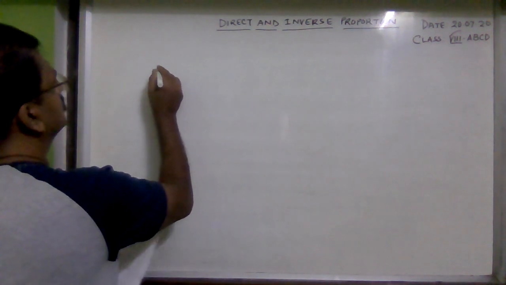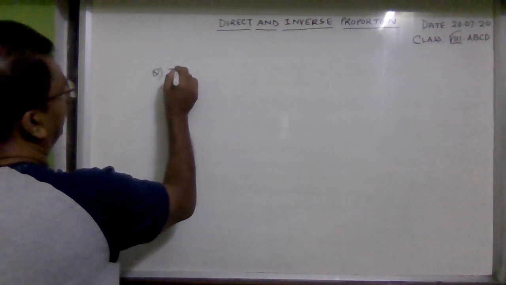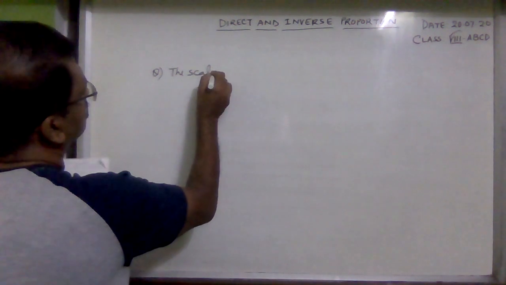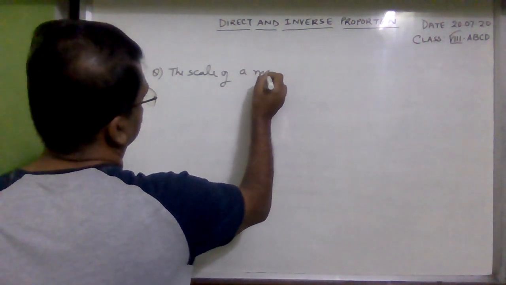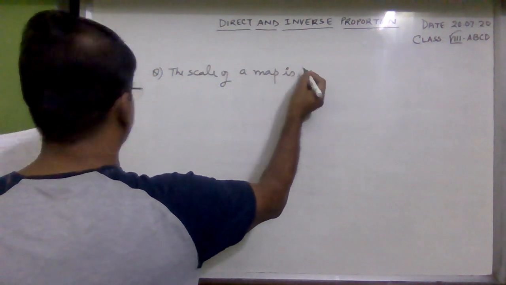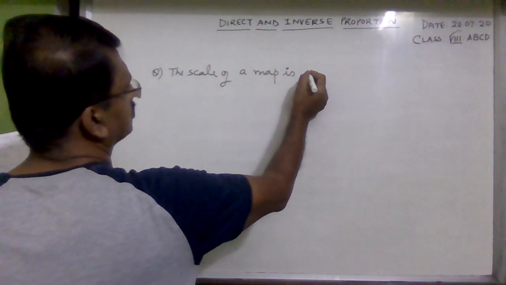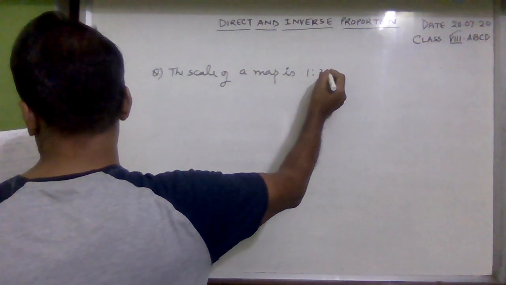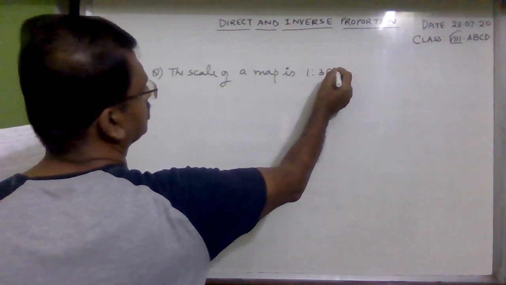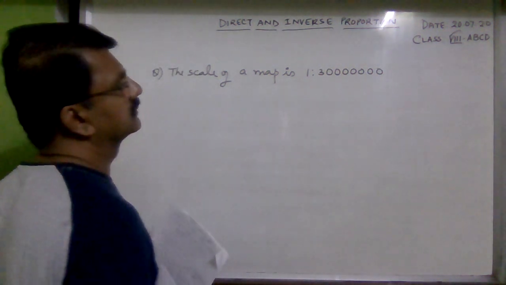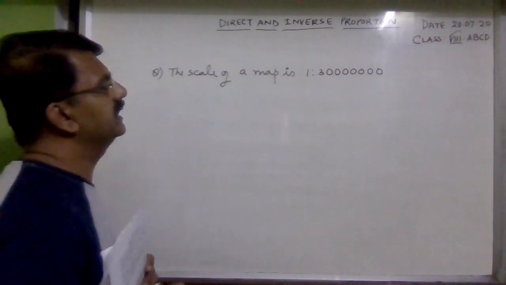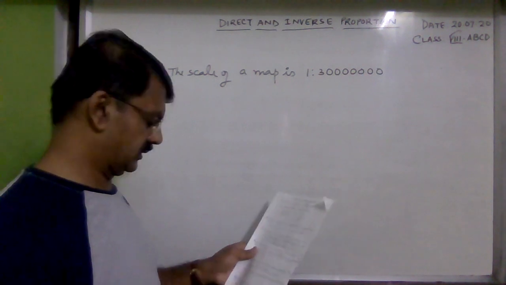Next question: the scale of a map is one is to 3 crores.